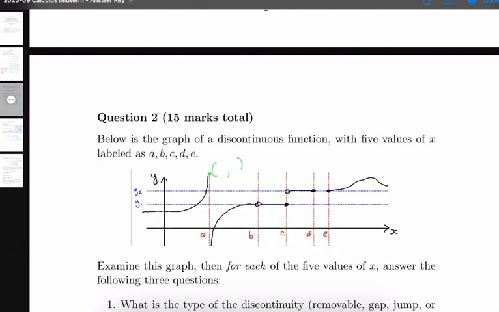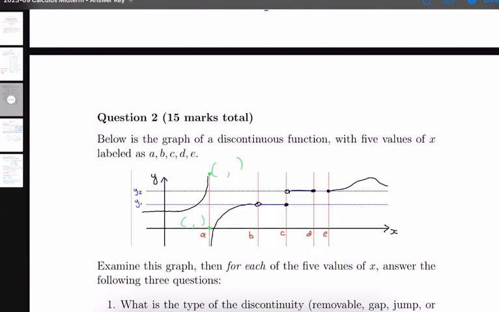Actually, let's start before we go there. What is this point on the x-axis? What are its coordinates? This green dot is on the x-axis.